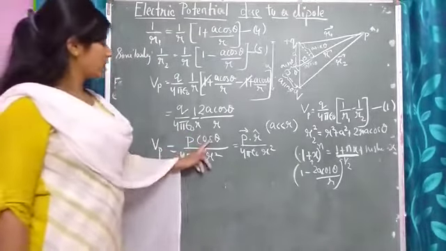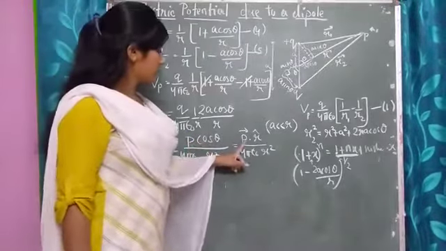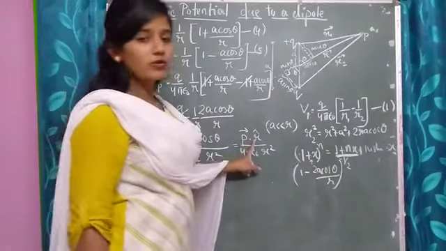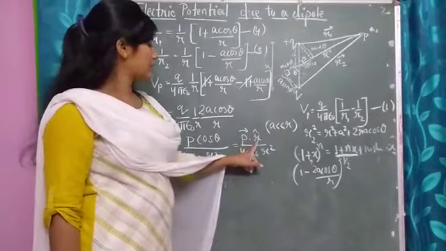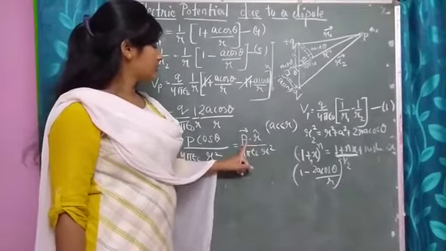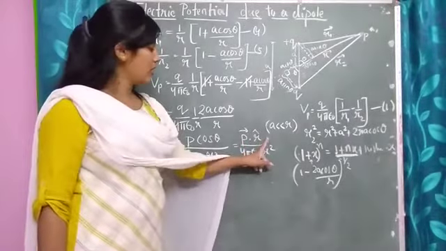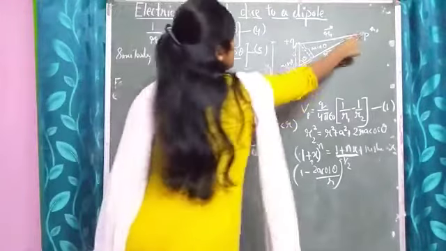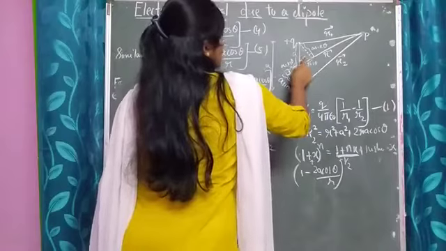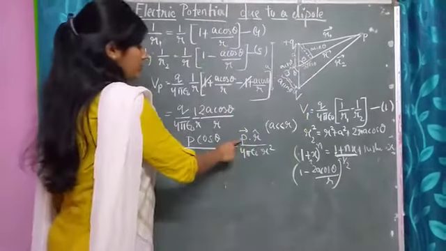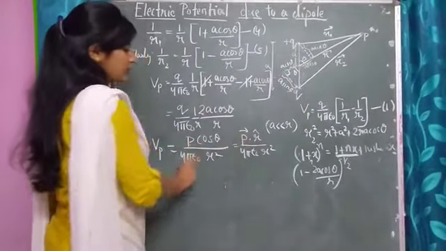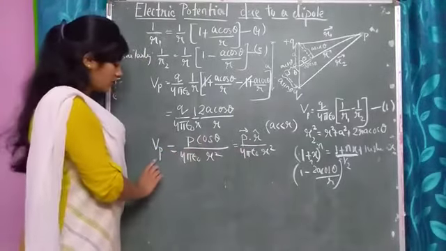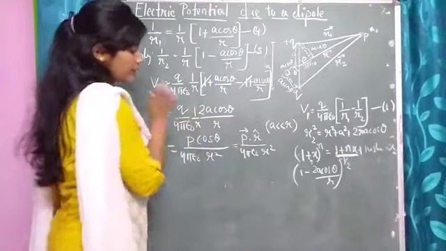P cos theta means, if I write this dot product P dot R cap, it will give me P R cos theta, and R cap is the unit vector along this direction as our theta is this. So P dot R cap will give you P cos theta. This is the expression for potential at point P.